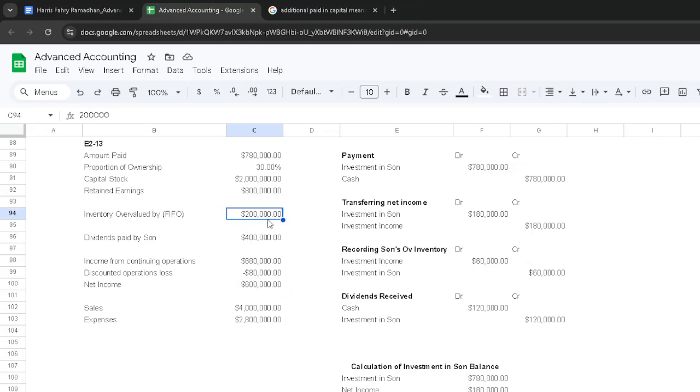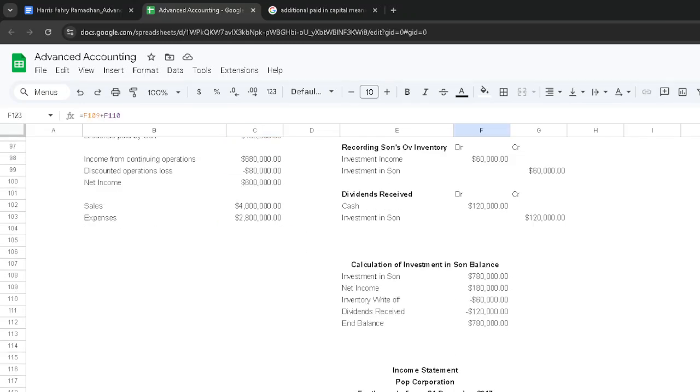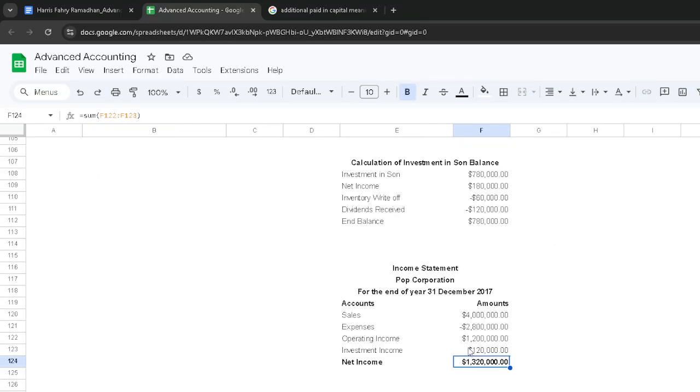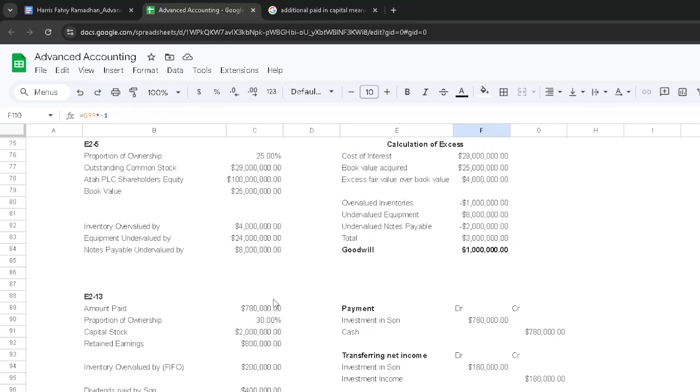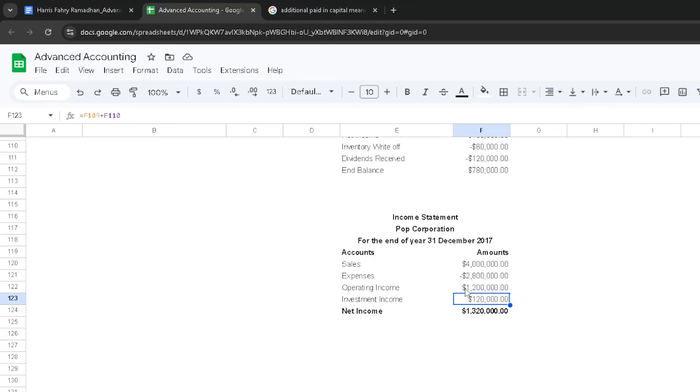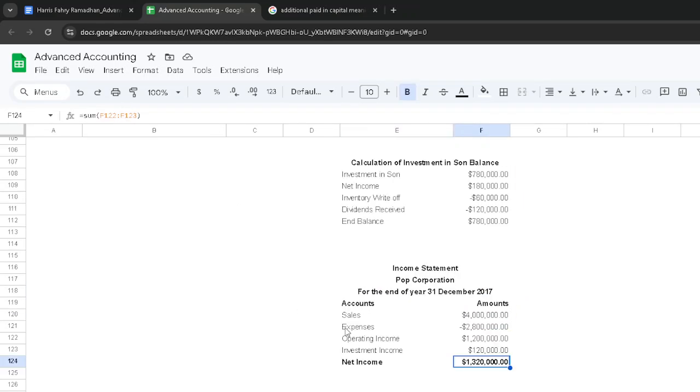And the overvalued inventory. And so we want to add that here. This is what I did. I added the net income of this, subtracted by 60. And then we got this as investment net income. Investment net income is not dividends received. It's just the things that we assign to the company when we invest in Sun. And so we add this to the operating income, and we should get this as our net income. And so this is the final answer.